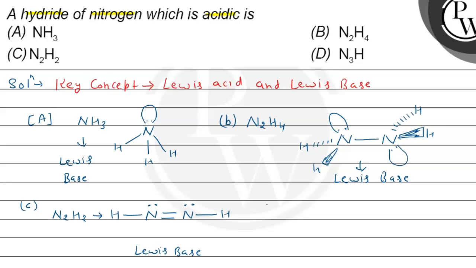Now we are going to discuss the fourth option, and this is N3H. We have to discuss the structure of N3H. Here this is hydrogen, attached to this nitrogen, which is further attached to this nitrogen, and there is a multiple bond between these two nitrogens.